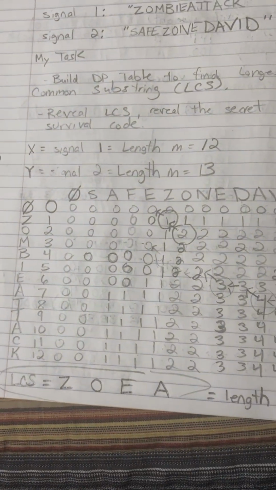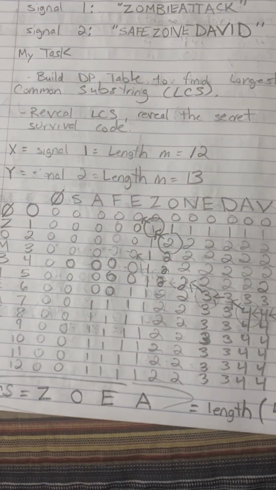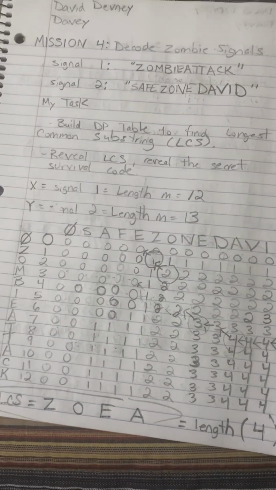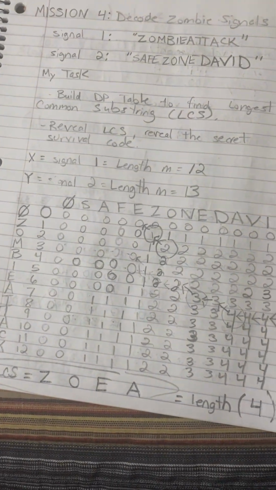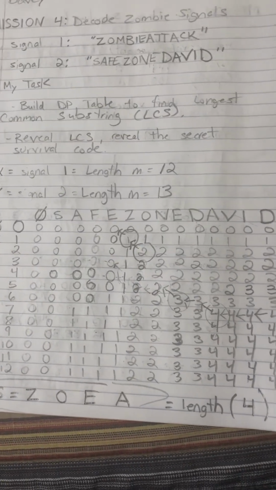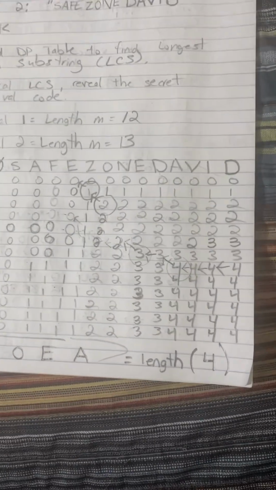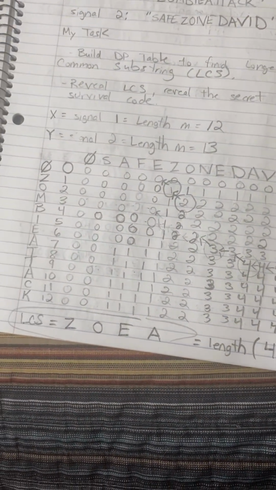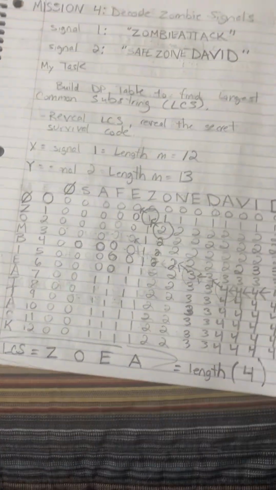But then when you get to the O over here, it's got the 1 in the upper corner, so that's why it's 2. And that's significant because that's where this thing switches. Same thing with the 3 and the 4. And those are my 4 letters. So I got a length of 4, ZOEA.